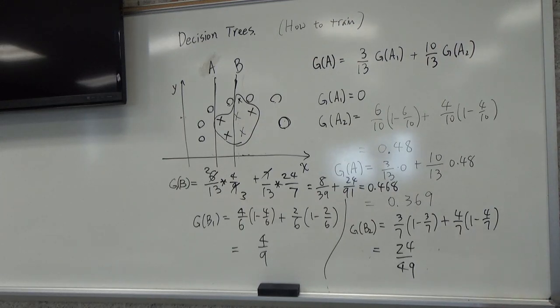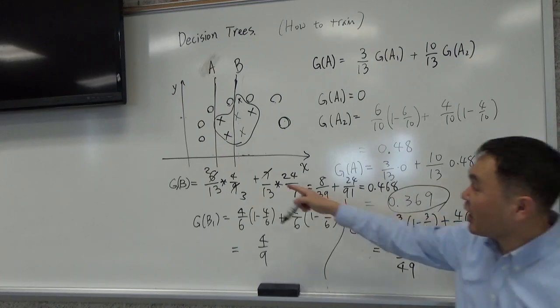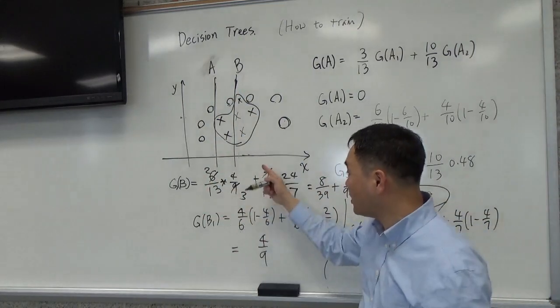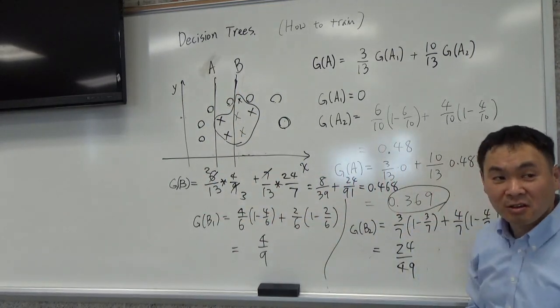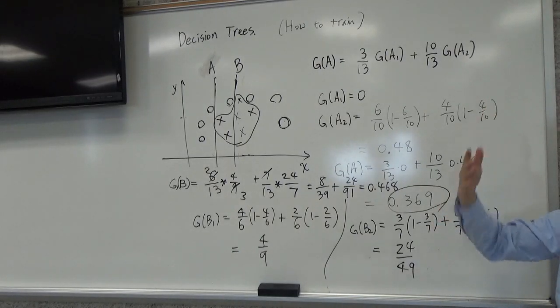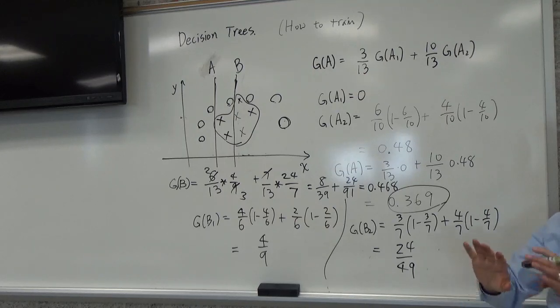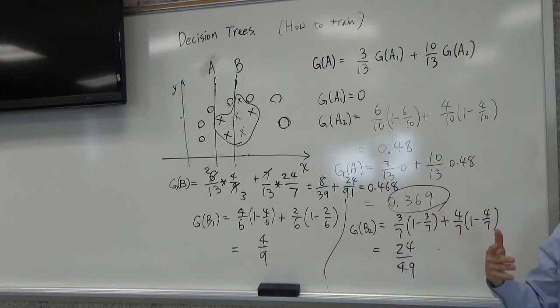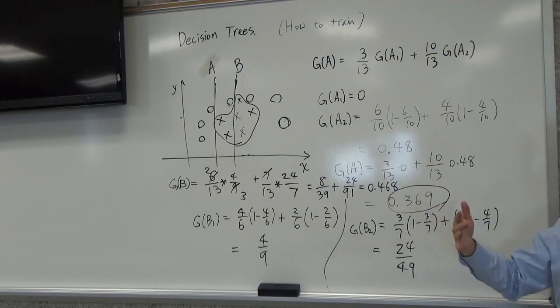The lower the impurity index is, the more pure you've separated. So which one do you like better? GA. Yeah. You like A as the cut point better than B because this one has a lower impurity index. Okay. You take a point as a cutoff and then you look at it and just keep figuring out the Gini.